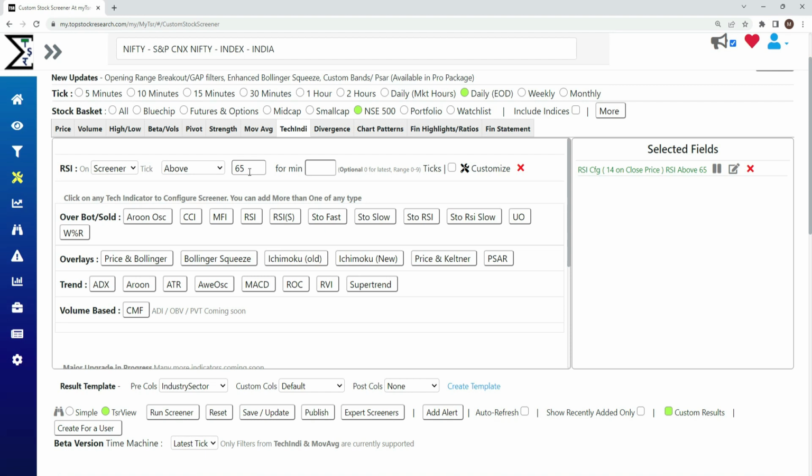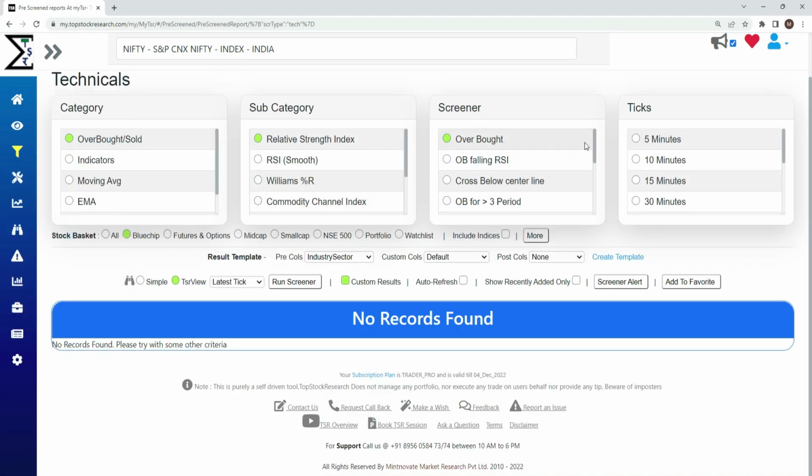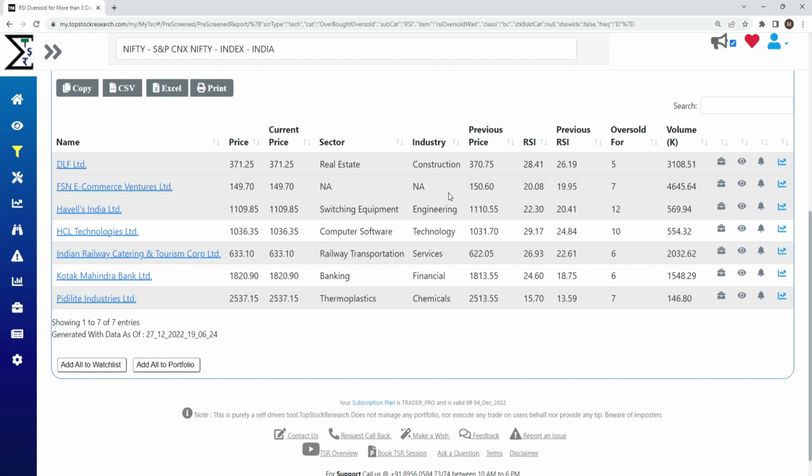The second one is coming back to the pre-screened, because if this indicator is new to you, perhaps you'll go very slow, starting with the pre-screen, and do a little bit of testing of what is available. For example, let's see if stocks are in oversold range for more than 3 days. You'll see that these many stocks are in the oversold range.